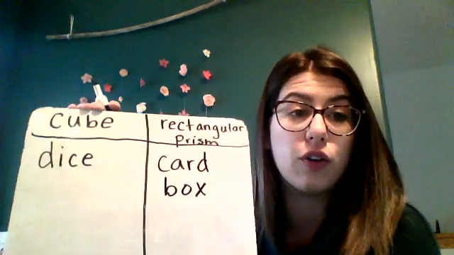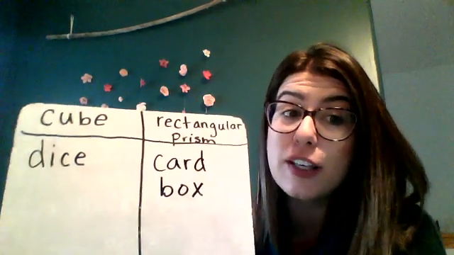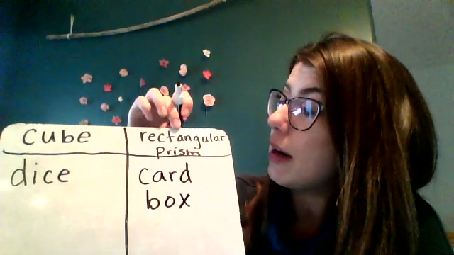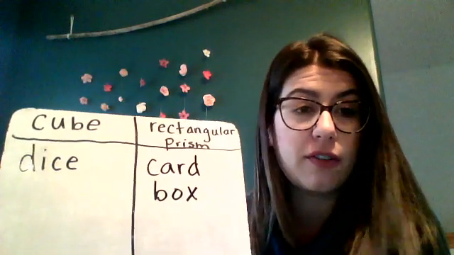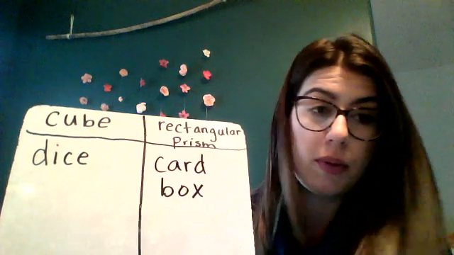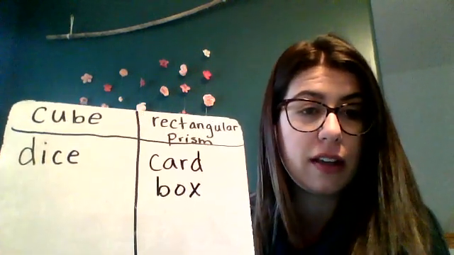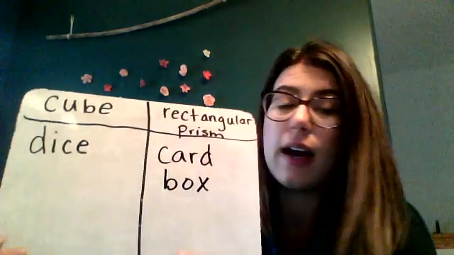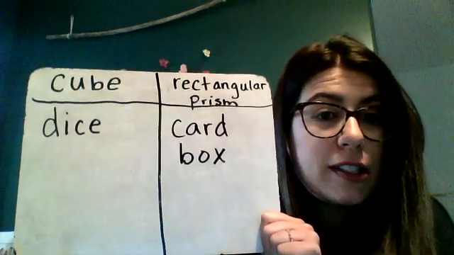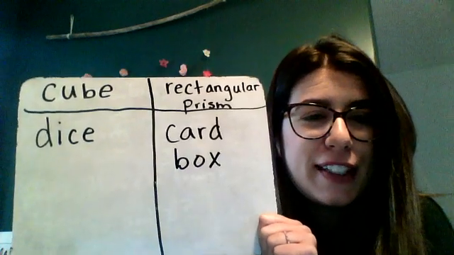You'll need to write the word cube, and then you'll have to write rectangular prism. It is the longest word ever, grade ones. And then see if you can find at least one more thing than me. So a dice and a card box, you might have that too. See if you can find one more thing than me and write it down. I'll hold this here. You can pause it while you write rectangular prism. And I hope you have fun finding shapes in your house.